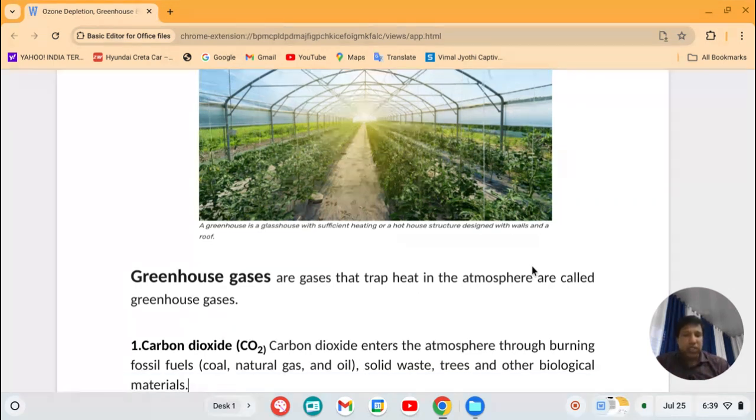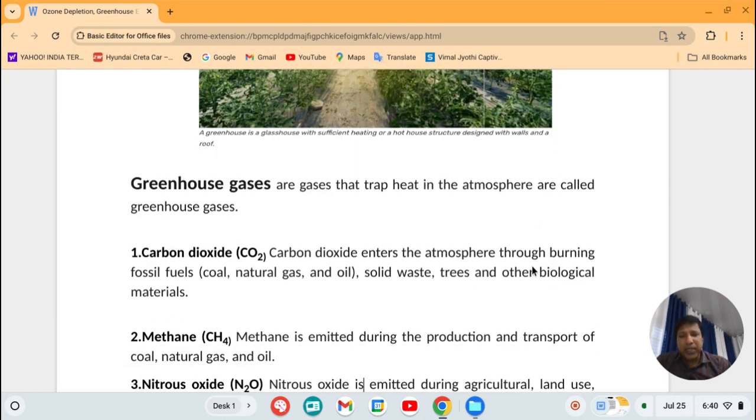First one is carbon dioxide. Carbon dioxide, CO2, enters the atmosphere through burning of fossil fuels, coal, natural gas and oils, solid waste, trees and other biological materials. So that is the source of carbon dioxide. Then you have methane. Methane is emitted during the production and transport of coal, natural gas and oil.